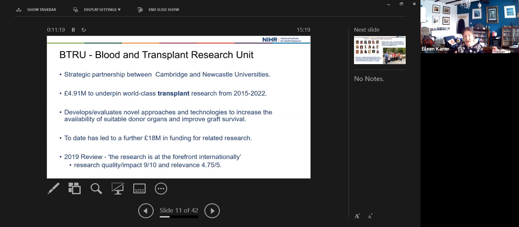Although the BTRU was originally funded with £5 million, through the other studies that it's managed to secure, it's managed to raise a further £18 million on top of its original award. And that's what a lot of infrastructures try to do. They try to take their own funding and then acquire even more funding to do more research on these important issues.